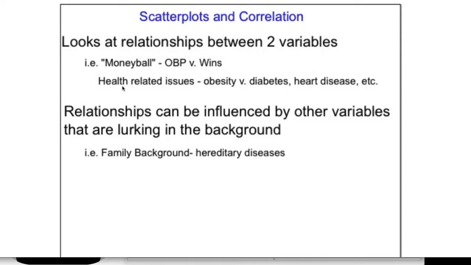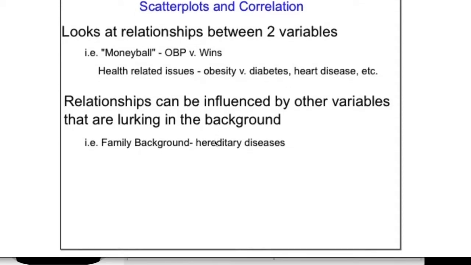A lot of health related issues are looking at two variables. So obesity compared to diabetes, is there a correlation there? Obesity versus heart disease, and just a lot of different health related issues can be found. A lot of the issues have some lurking variables in the background.